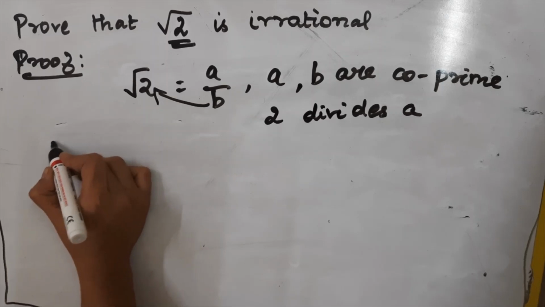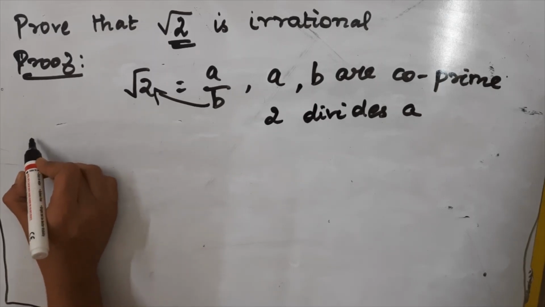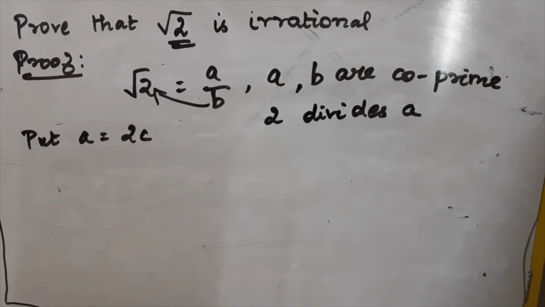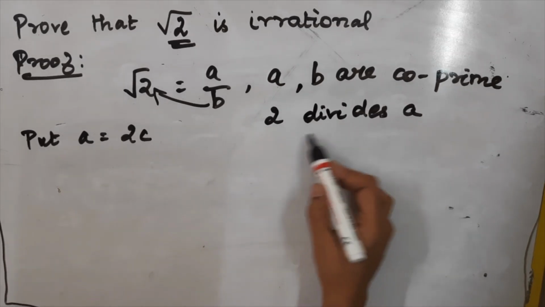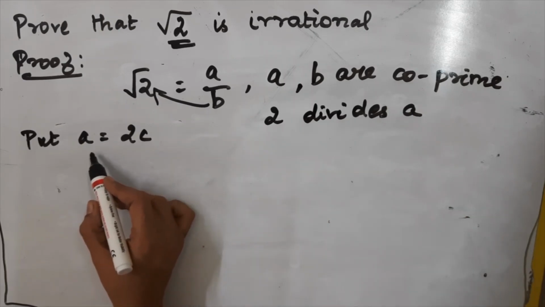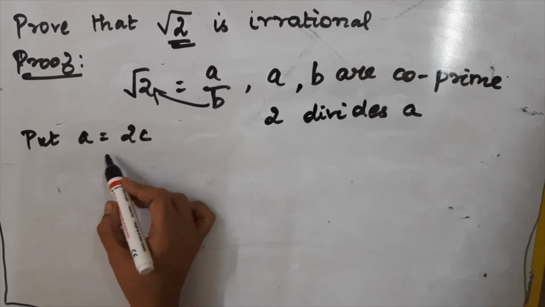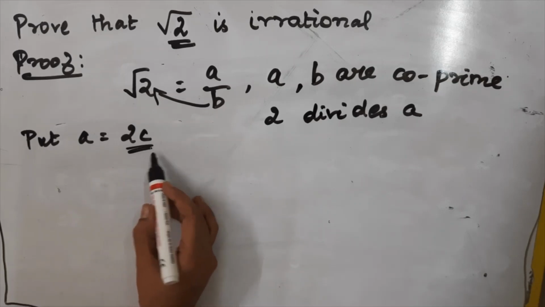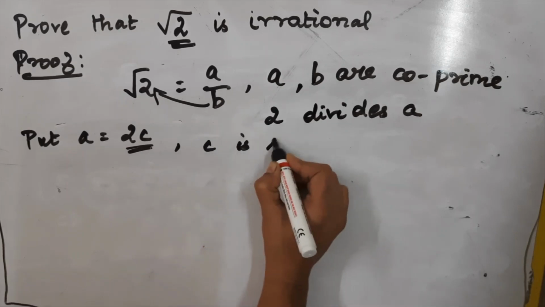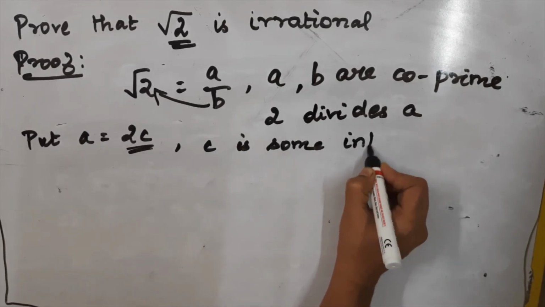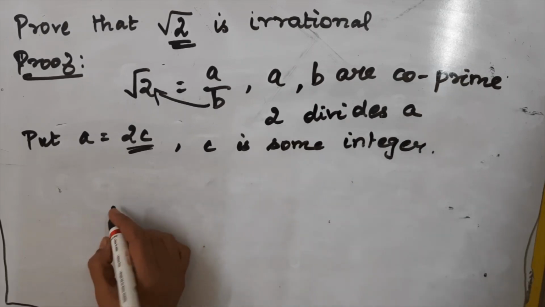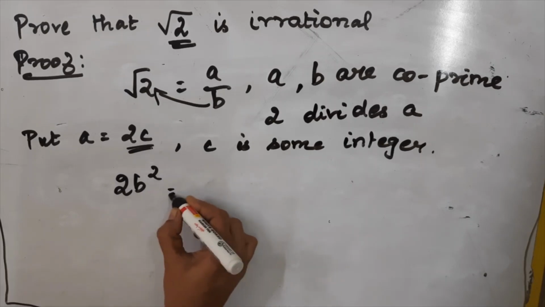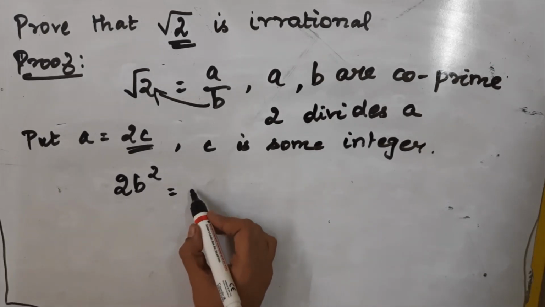Next, we are going to substitute a is equal to 2c, because 2 divides a. So we assume a is equal to a multiple of 2, where c is some integer, and we substitute in the equation 2b square is equal to a square.